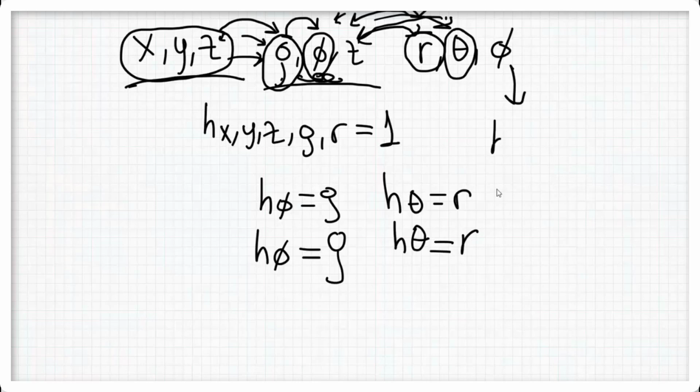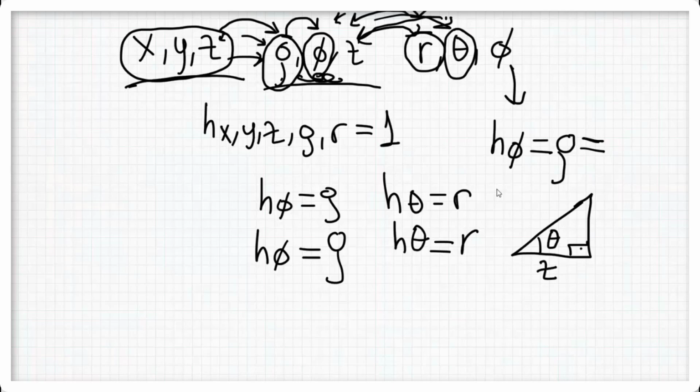In the same way, we have to write the h phi metric here again, but I said that it is equal to rho. But what I remind you is, if you remember in spherical coordinates, I drew a right triangle for you. This was theta, and here was the angle that z made with r.